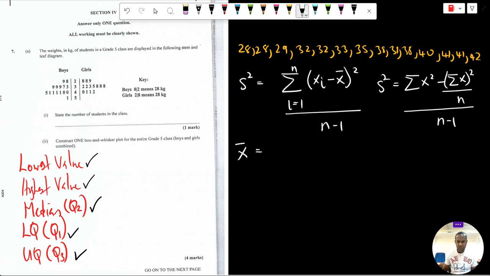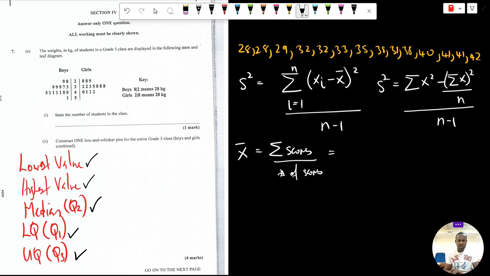And so x bar is simply equal to the sum of all scores divided by the number of scores, right? So when we add up all of these numbers from 28 to 42, what do we get? Let's try to work that out.